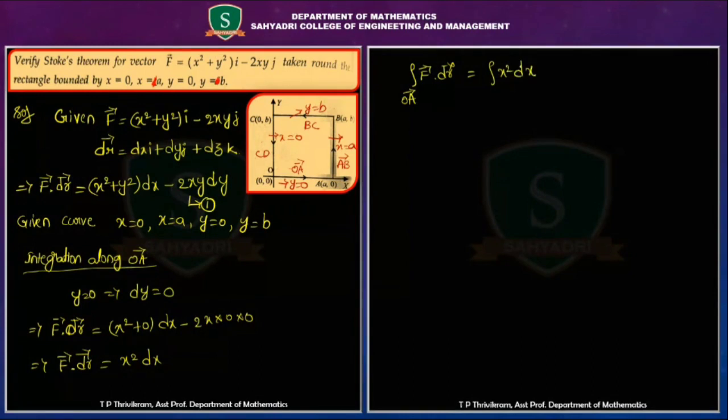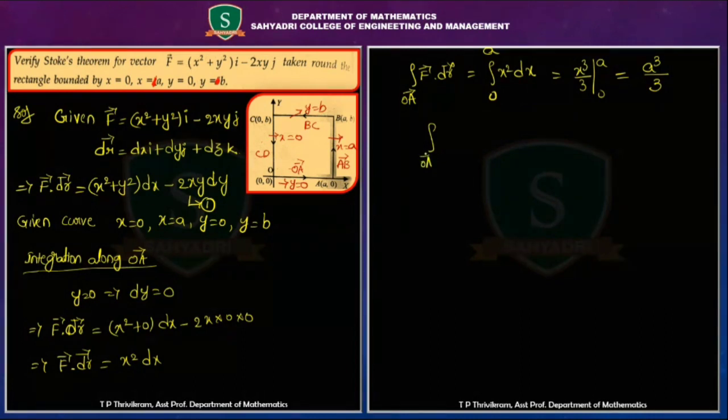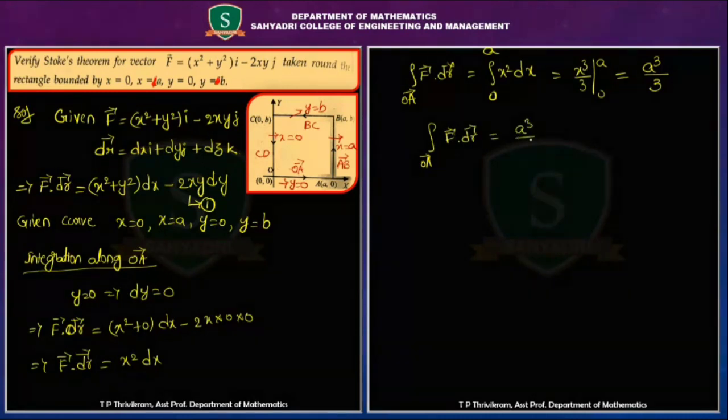What are the limits for x through the OA line? 0 to a. So x cube by 3 along the limits 0 to a, and you'll get the answer as a cube by 3. So integration along the OA line of F dot dr is equal to a cube by 3.